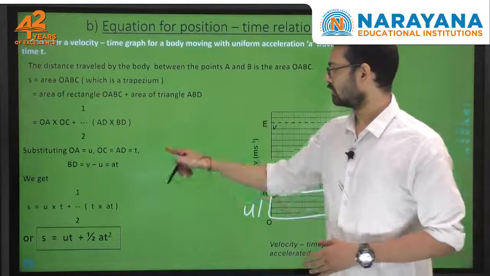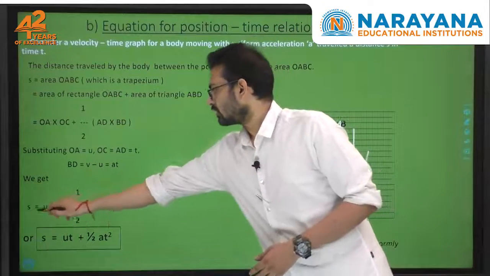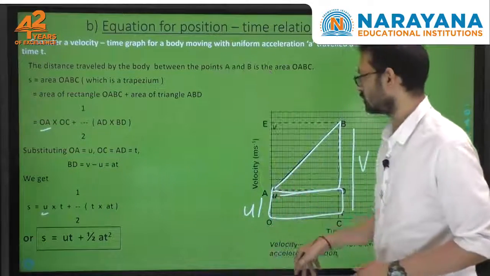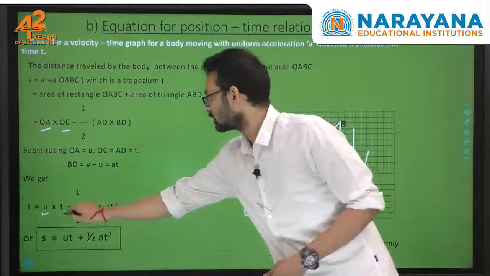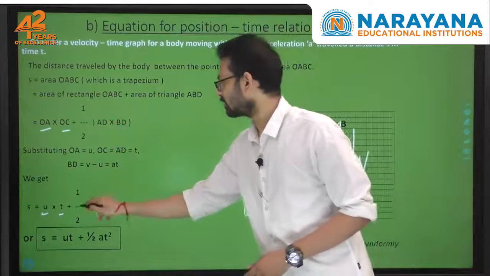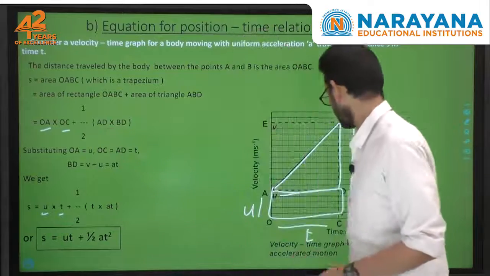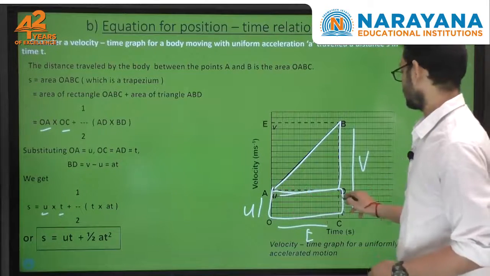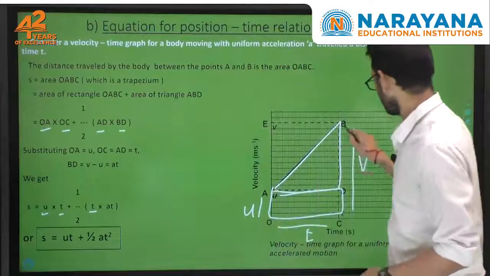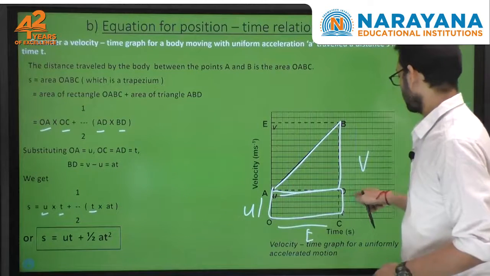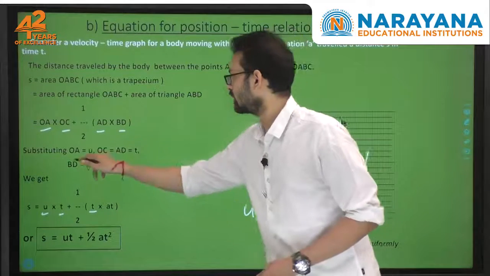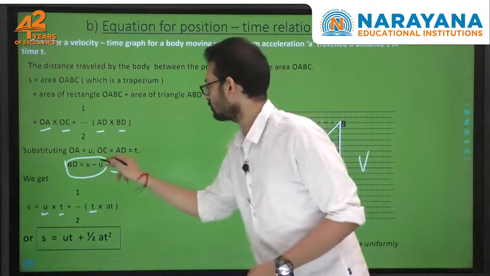Now you substitute that S is equal to OA plus OC plus half AD into BD. OA is U, OC is T, and AD is T, so I substituted AD with T. BD is nothing but AT, because BD is V minus U, which is AT.